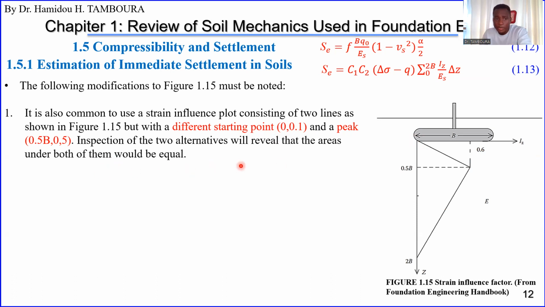And the peak, instead of 0.6, we sometimes choose 0.5 times B, so it will be around here.